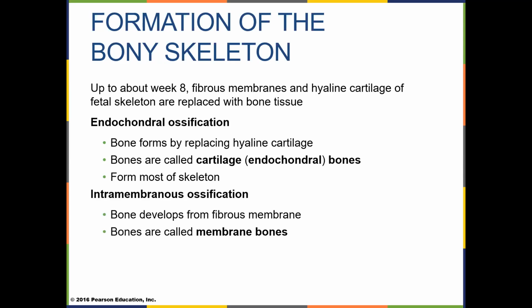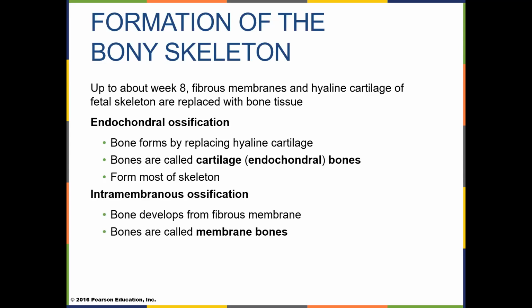They're flexible, but they're the model for the rest of our bones. And so we use this process known as endochondral ossification. Chondral means cartilage. And so we replace the hyaline cartilage with bone. And this takes, again, this is the one that takes 23 years essentially to complete.